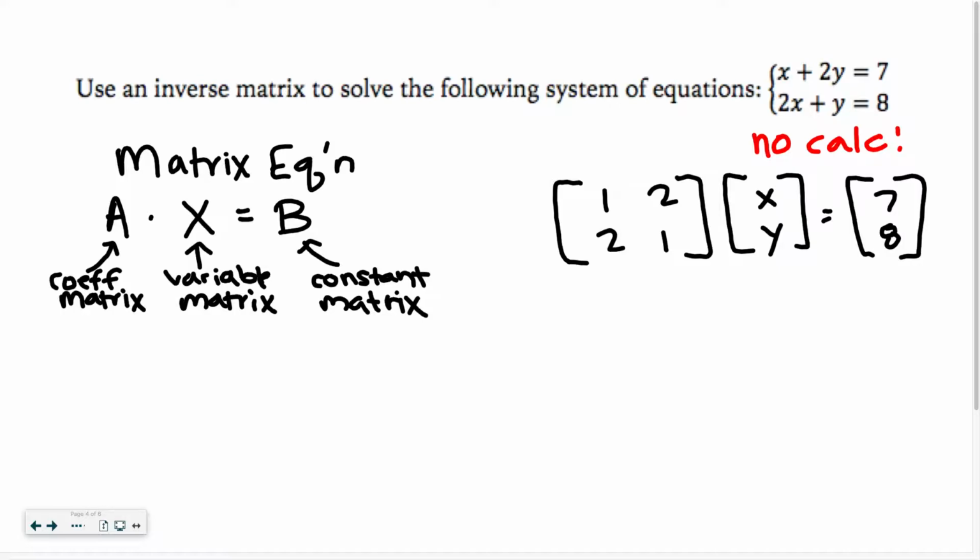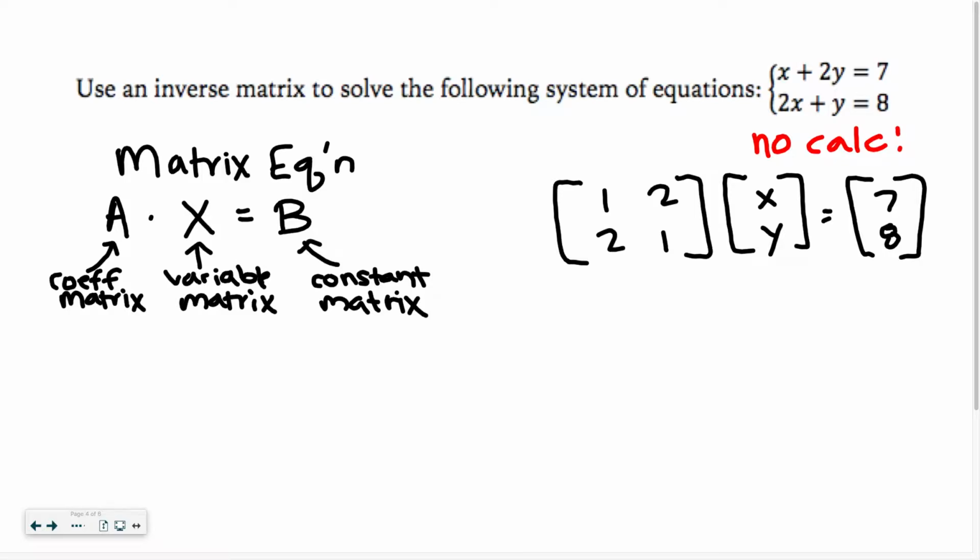Now I'm going to go back to my matrix equation and think back to Algebra 1 and before. If you had a variable that was being multiplied by something and you wanted to get it all by itself, you would divide, right?